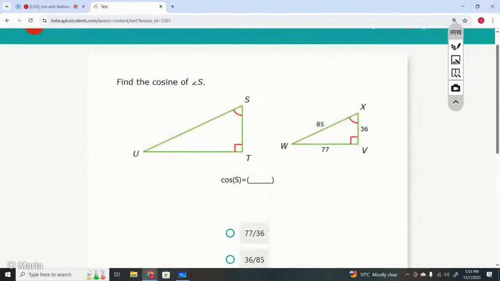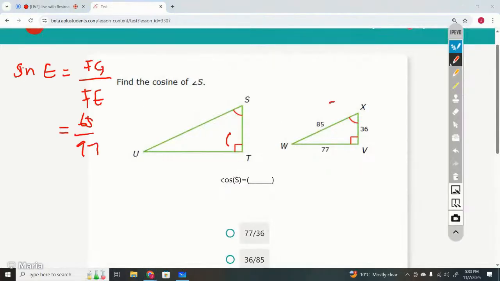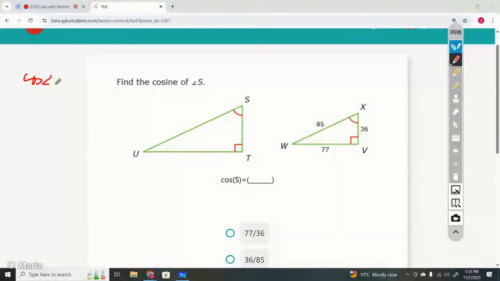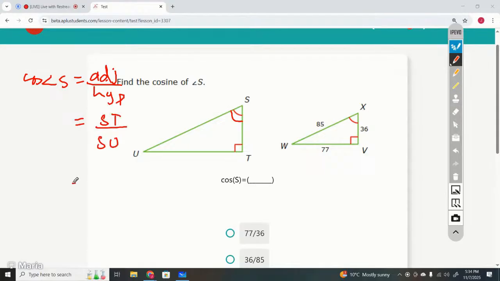Okay, find the cosine of angle S. So cos of angle S. Here is angle S. That is adjacent divided by hypotenuse, right? Adjacent is SD and hypotenuse is SU.